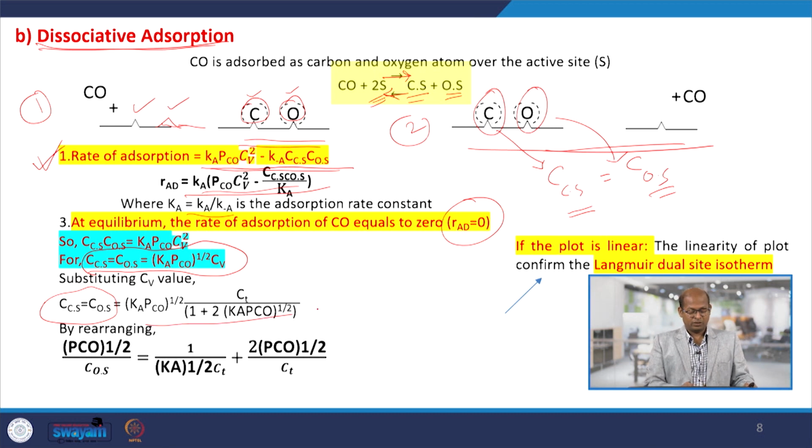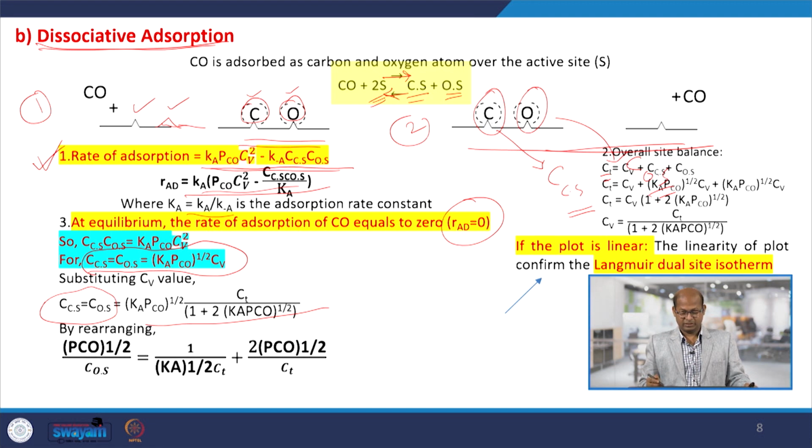Okay. So, now we get these equations, and the total site balance we can also do. That site balance you can write this way, where C_T equals C_V plus C_CS plus C_OS, with C_CS equals C_OS. So, then we can write C_V plus 2 C_CS, this way.